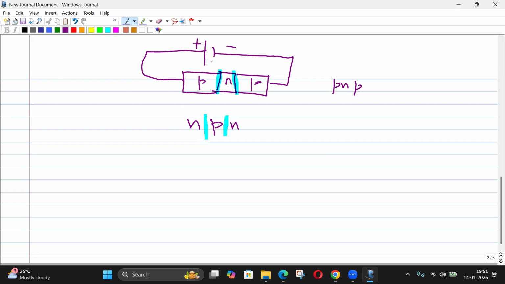So this junction will be forward biased because P is connected to positive. But here P is connected the other way, so this junction will be reverse biased. Similarly here I have to connect.